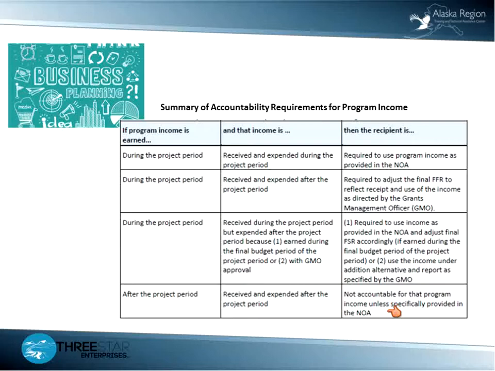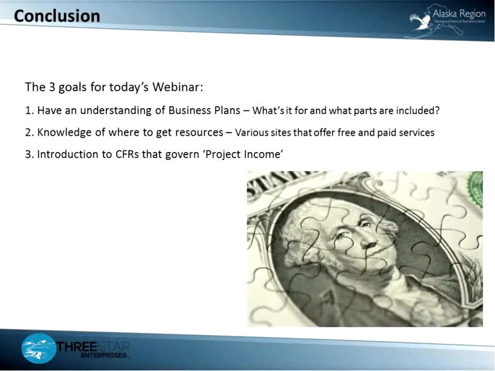So we provide a pretty extensive chart on how to go through this. The majority of it is going to be looking at if your project income is earned during the project, but just go through the chart and familiarize yourself with it as you go to prepare your project.